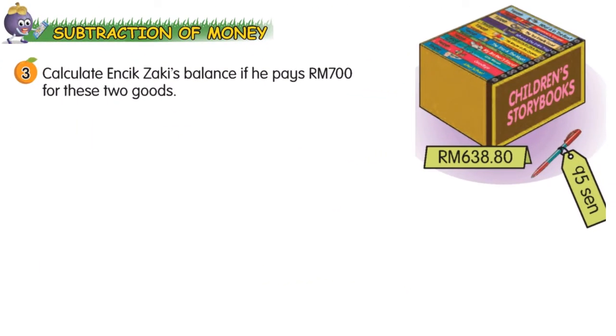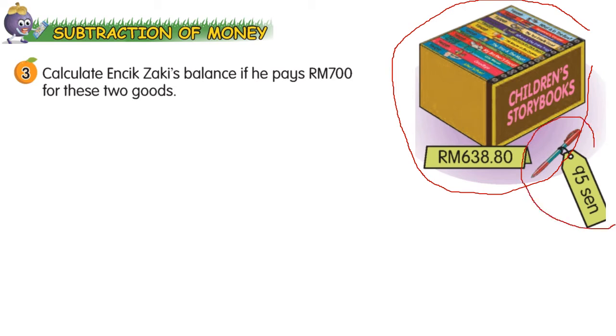And for example 3, we want to calculate Encik Zaki's balance if he pays 700 ringgit for these two goods. From the picture you can see that he bought a children's storybook and a pen. The cost for the children's storybook is 638 ringgit and 80 cent, and the cost for a pen is 95 cent.